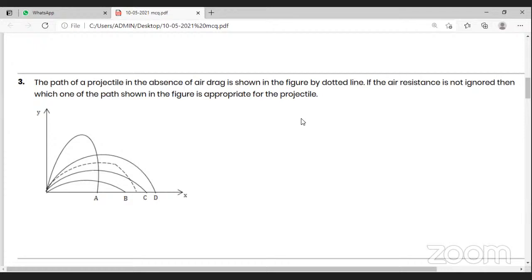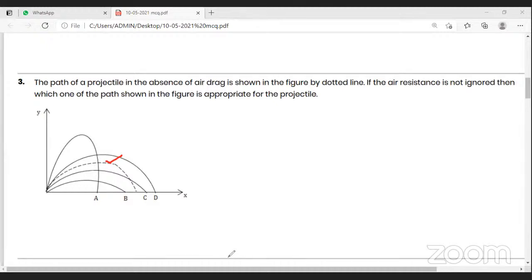I'll let you read the question clearly once. The path of the projectile in the absence of air drag. That means if air is neglected, the path is shown by the dotted line. That means the path is shown by this particular third diagram.